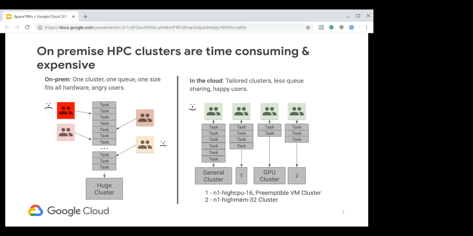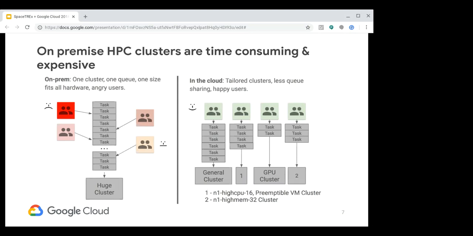Maybe I can throw in a question here. For the Google Cloud platform, what kind of interconnect do you have for HPC? Is that just standard Ethernet, or do you have InfiniBand, or what is the bandwidth? Good question. The node-to-node interconnect is Google's own software-defined network, and we offer 40 gigabits per second node-to-node bandwidth.